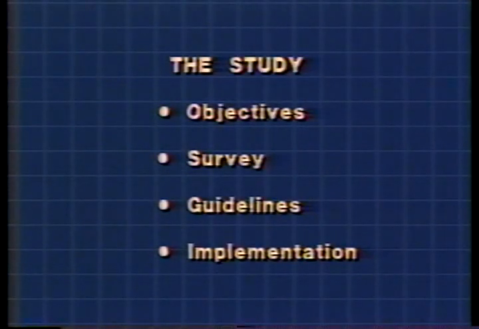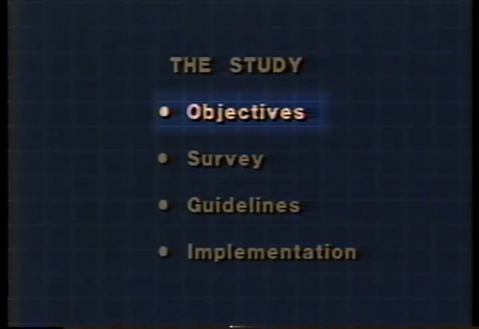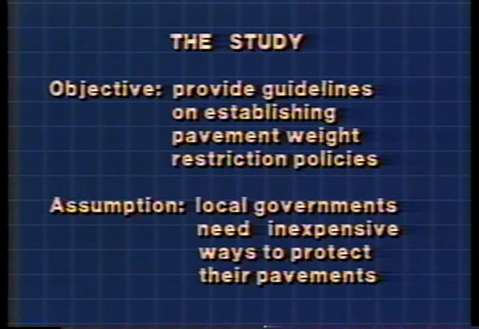The Washington State Transportation Center researched these cold weather problems with the intent of designing methods to help you deal with them. Since one option for combating these problems is to restrict heavy loads during thaw periods, the study's objectives were to provide guidelines to city and county governments on establishing pavement weight restriction policies.